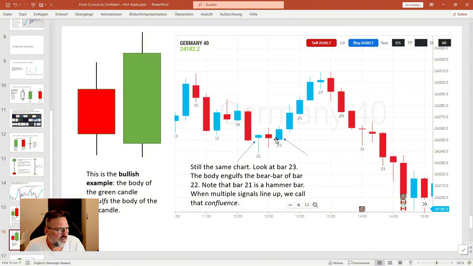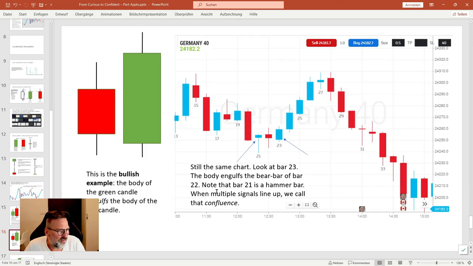And here you see an engulfing bull bar whose body is engulfing the previous bar body. So we are closing above the previous bar body. And this is coincidence, but here is also, you see, a hammer bar.